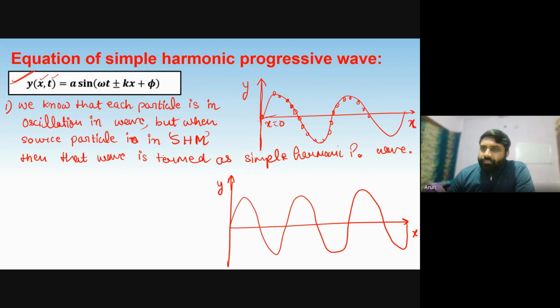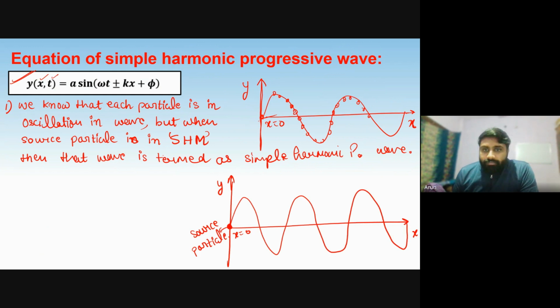And this is the disturbance y. Got it? Now, this is the source particle at x equals 0, from where the disturbance is coming. When you tie up a string and do this motion, your hand is the source particle in that case. Okay. So the source particle is doing SHM.